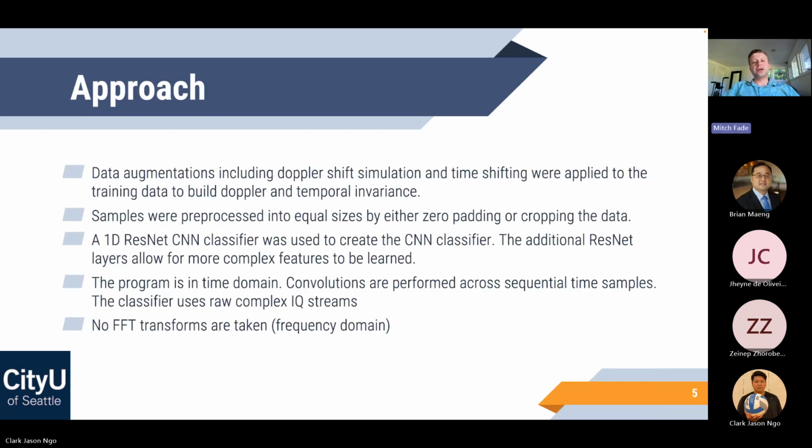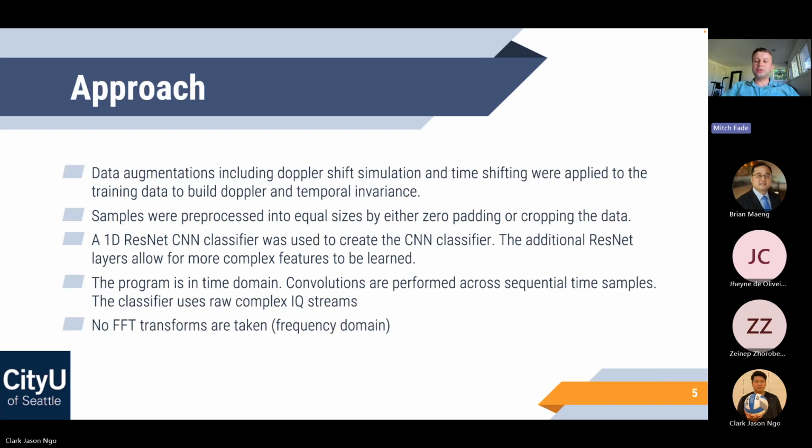For an approach, data augmentations, including Doppler shift simulation and time shifting, were applied to the training data to build Doppler and temporal invariants. Samples were pre-processed into equal size by either zero padding or cropping the data to make them into equal size samples.